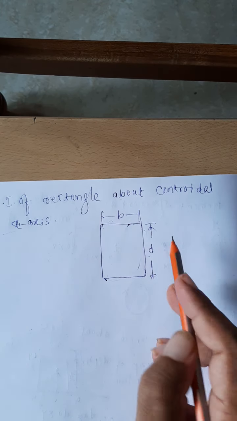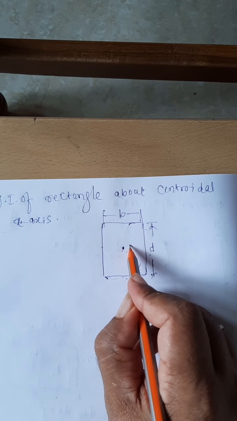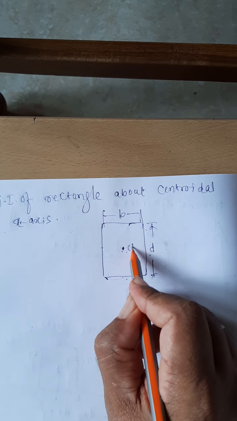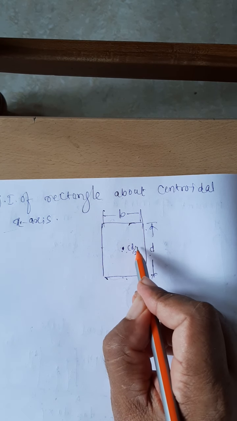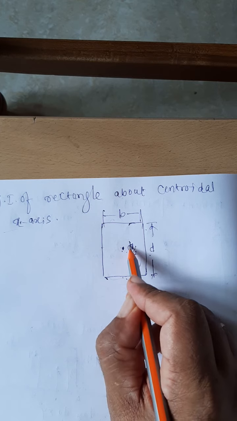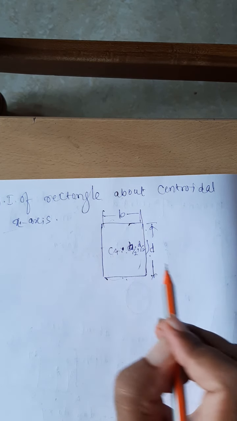And where is the centroid of it? The centroid is at a distance of d by 2 from here and b by 2 from here. Therefore, the coordinates of the centroid are b by 2 comma d by 2, the CG coordinates, right?